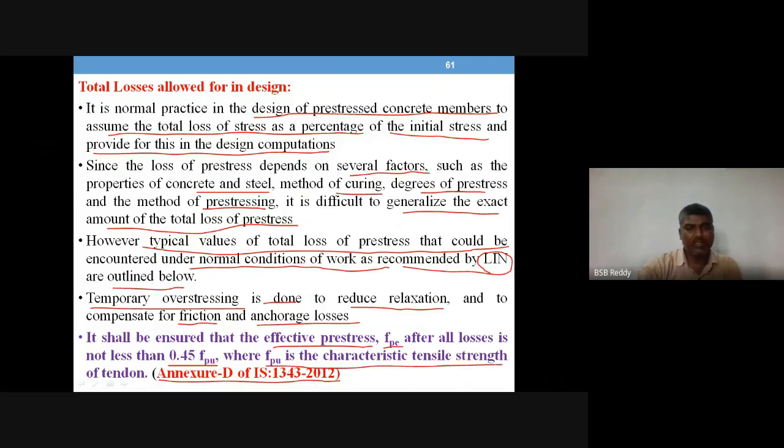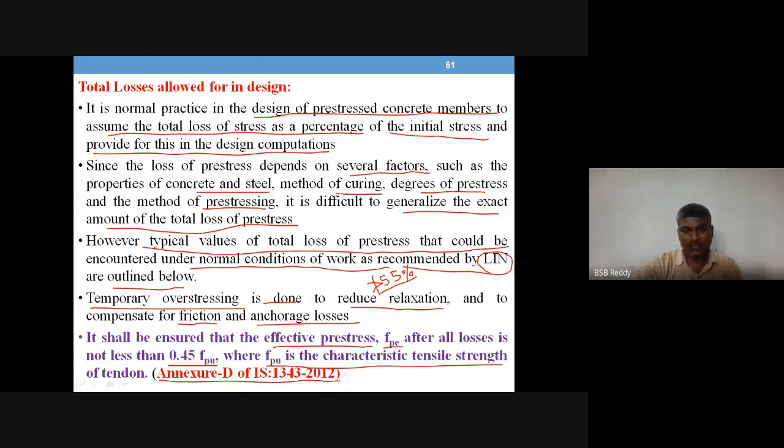Which means what? 0.55 means 55% of the pre-stress loss can also be encountered. Even if 55% is lost, it cannot be the highest percentage of loss.